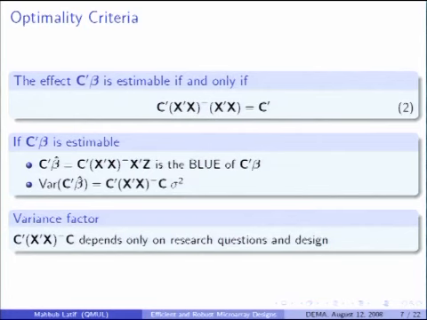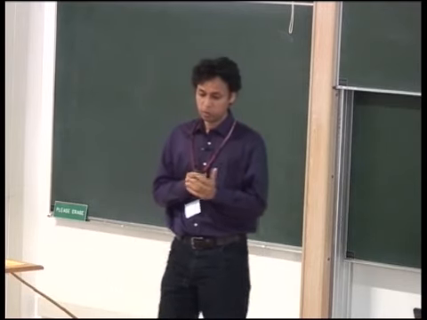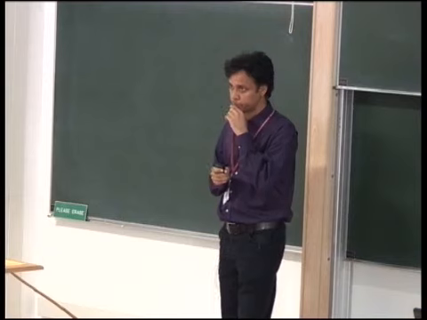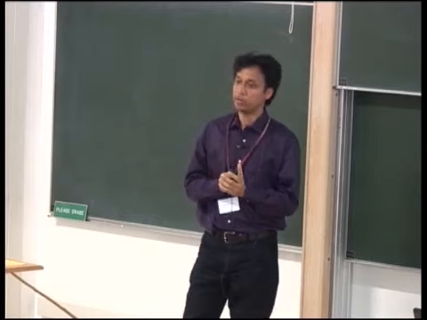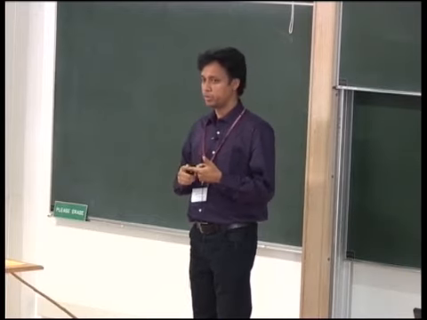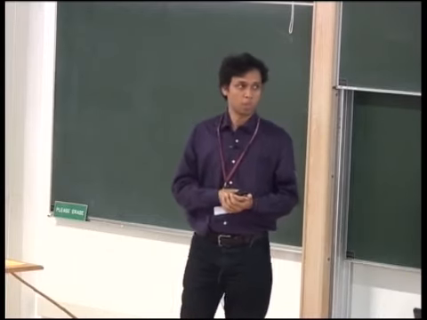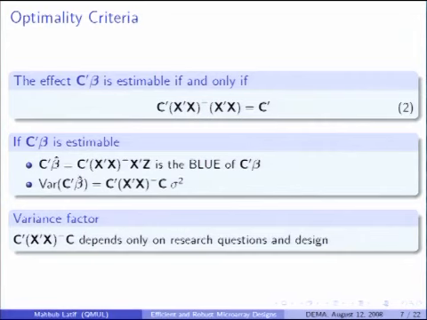Since in our design, in our model, we included both dye effect and treatment effect, and we know that dye and treatment effect are confounded in an array. So estimability is an issue here. So what is estimability?